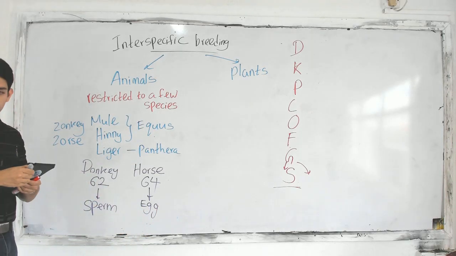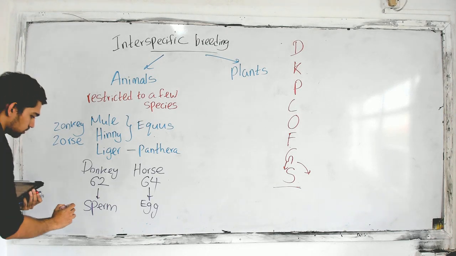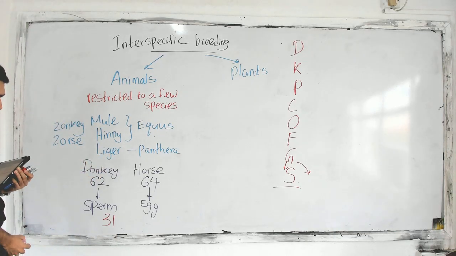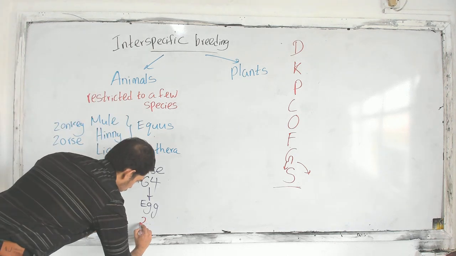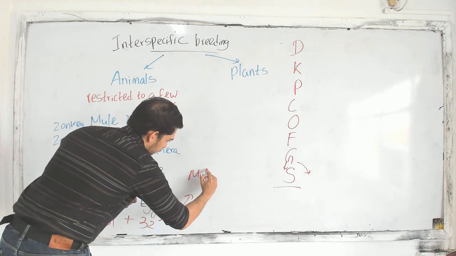How many chromosomes are going to be in the sperm produced by the donkey? 31, half. In the egg produced by the horse, 32. So you cross them and get a mule.